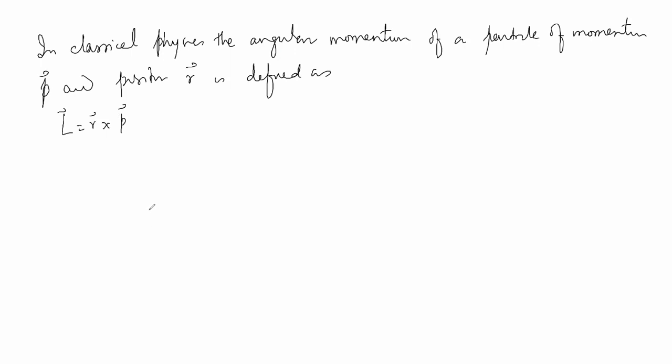Okay, and then you write the different components like Lx, Ly, Lz. Lx is how much? Lx is Ypz minus Zpy. Ly is Zpx minus Xpz, and Lz is Xpy minus Ypx.